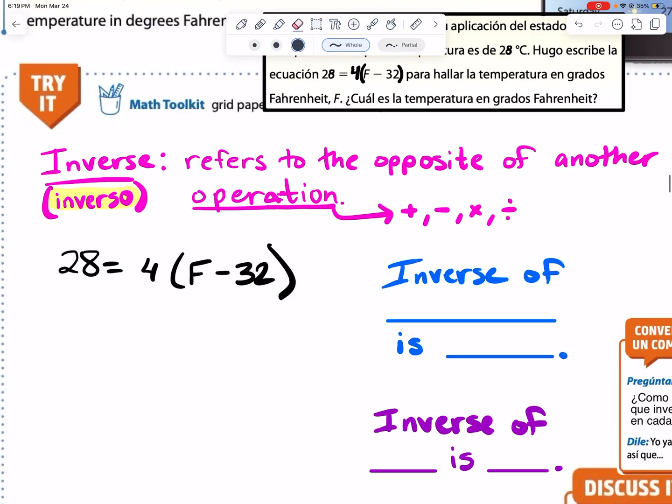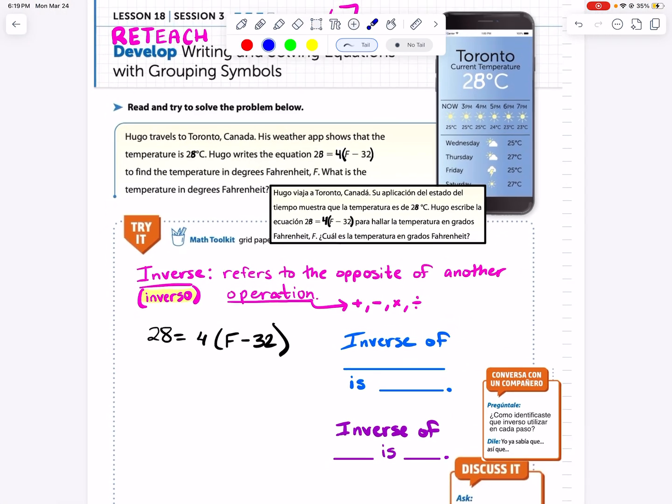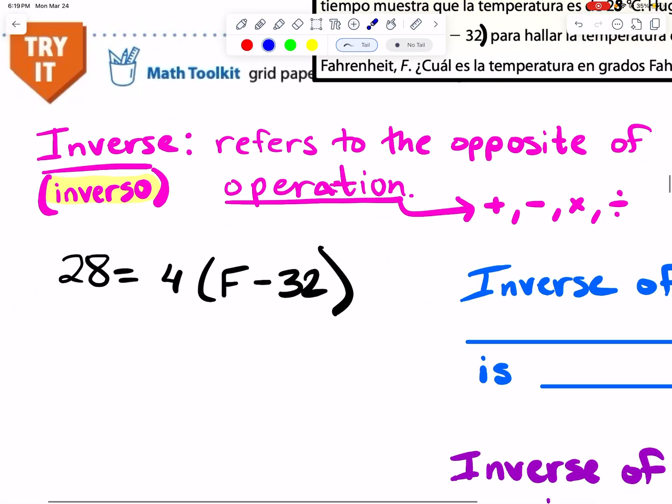Okay. So we have here our first expression. We have 28 is equal to 4 with parentheses. This 4 is in a group, what's it called again? A grouping symbol. It's part of these grouping symbols over here. This 4 is being multiplied to this whole thing, to the parentheses F minus 32.